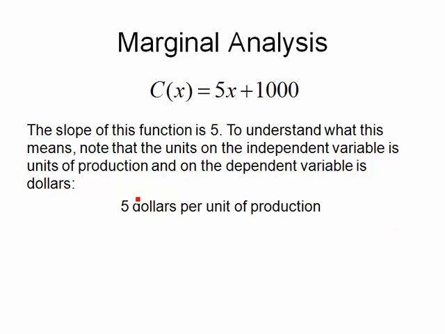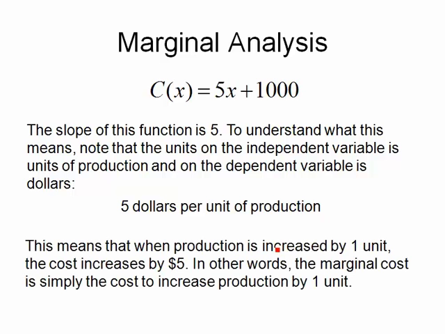So we're going to get $5 per unit of production. This means that when we increase the production by 1 unit, our costs are also going to increase by $5. In other words, the marginal cost is simply the cost to increase the production by 1 unit, approximately.